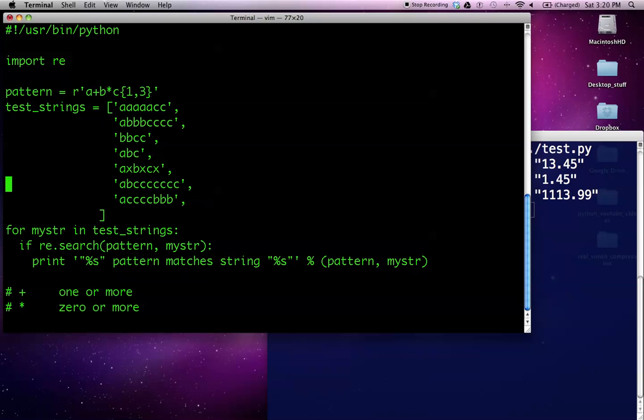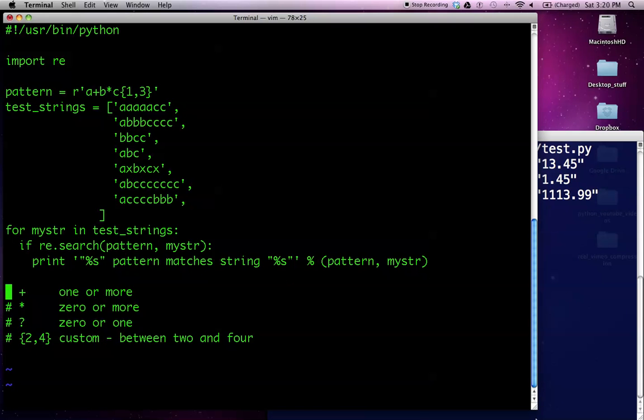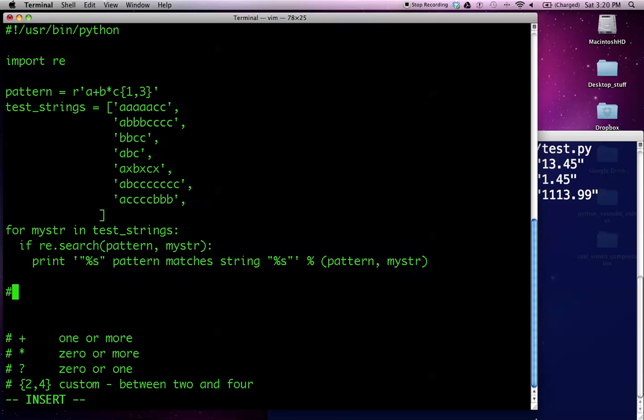Okay. What are some of the things that we have talked about as far as the things to keep in mind with these? There were two major things. One was that matches are on consecutive characters.